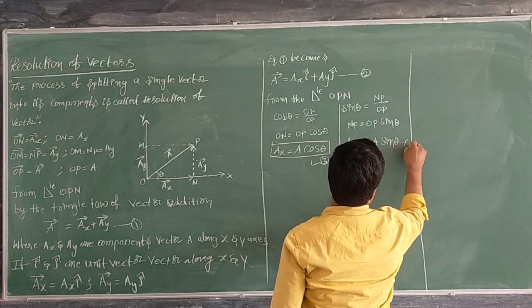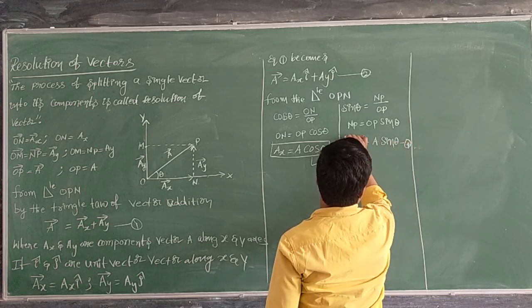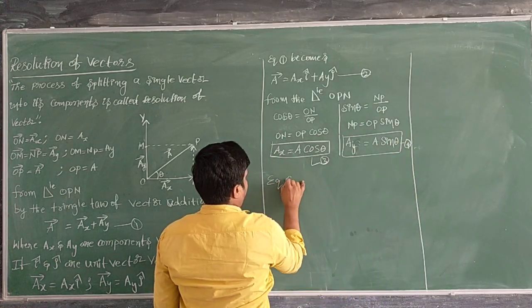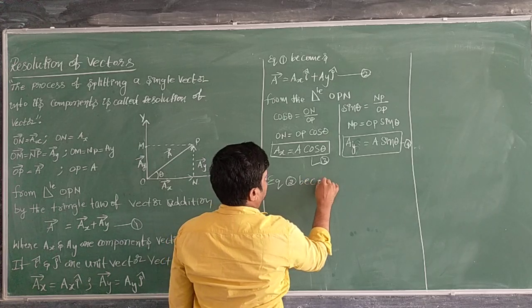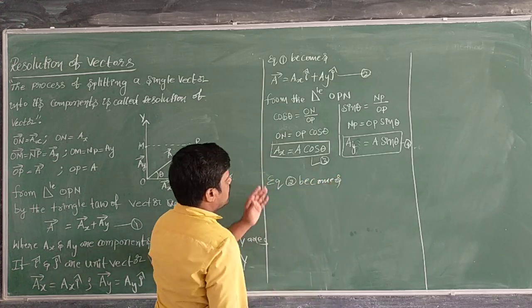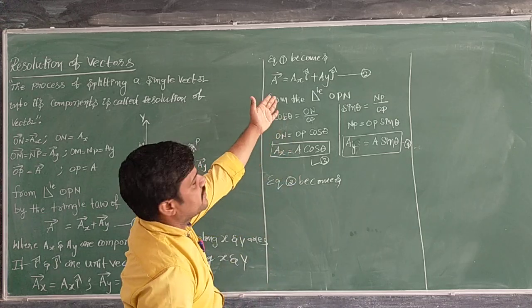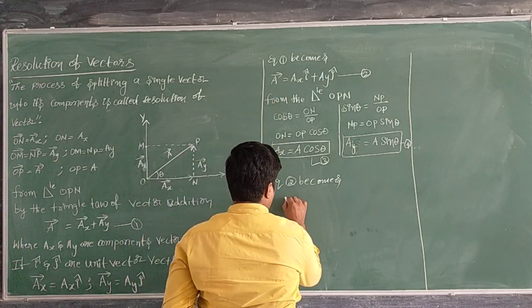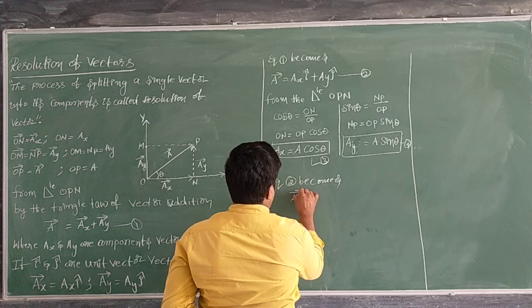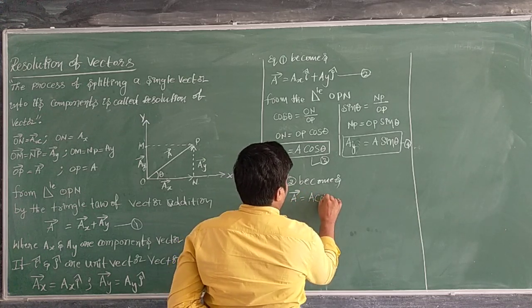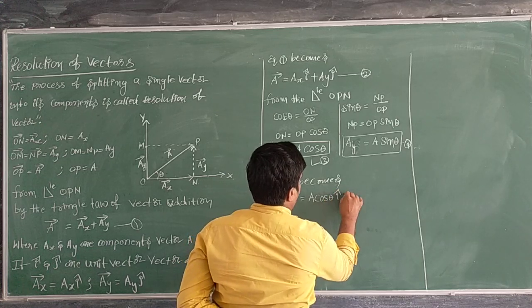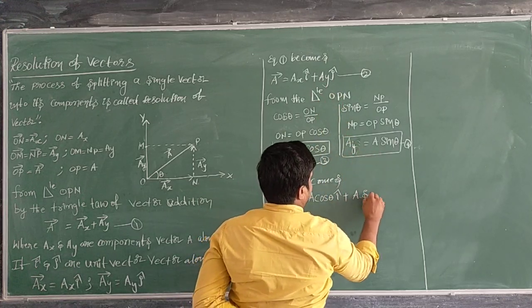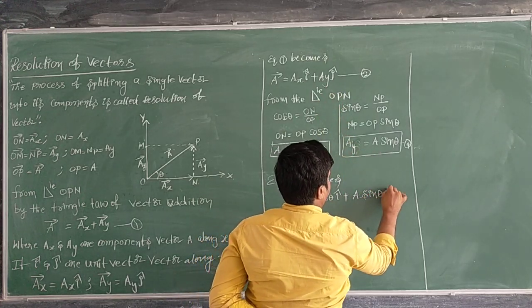This is equation number 4. From these two, equation 2 becomes A bar is equal to A cos theta i cap plus A sin theta j cap.